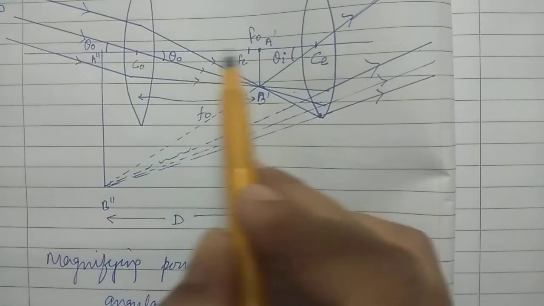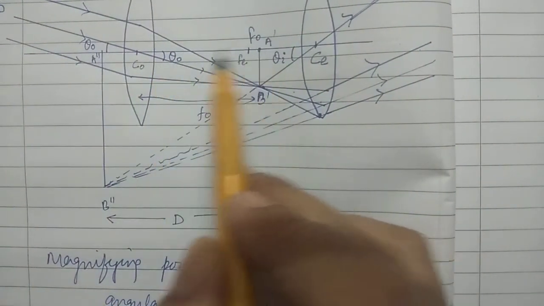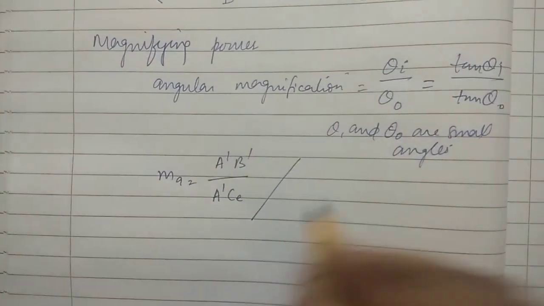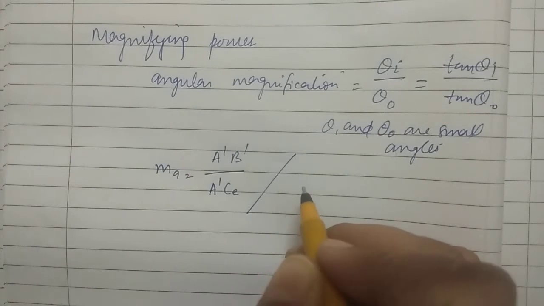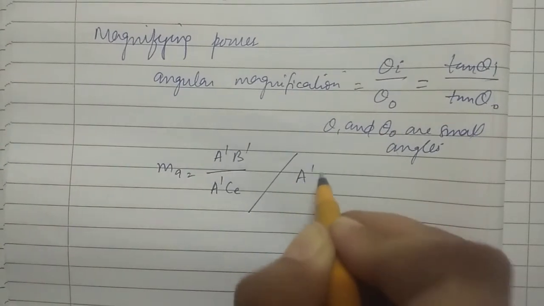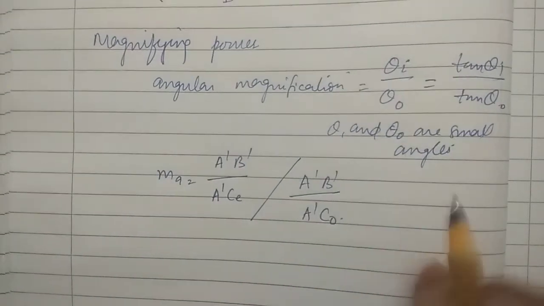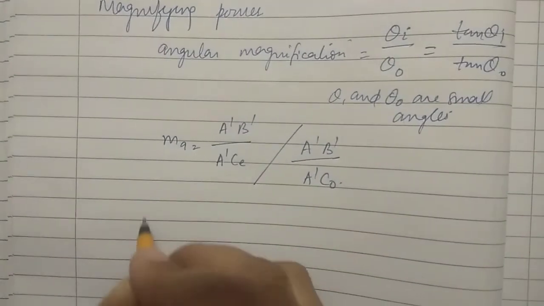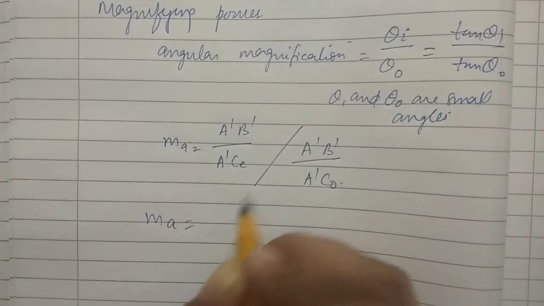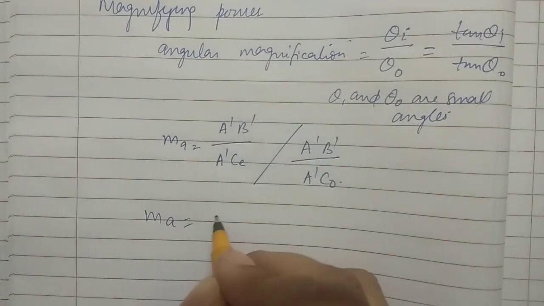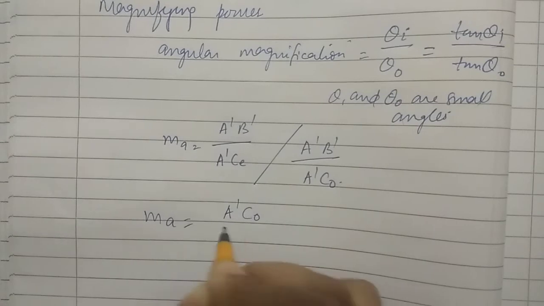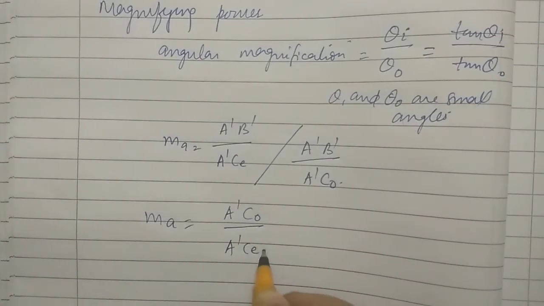Perpendicular over this base, base is A dash C naught. So perpendicular is the same and base is A dash C naught. So let us simplify and write down the magnifying power. This A dash B dash would be cancelled. So what you will get is A dash C naught over A dash C e.